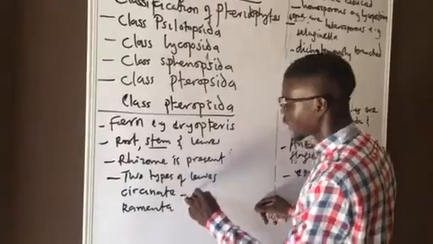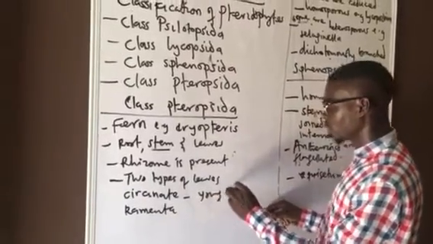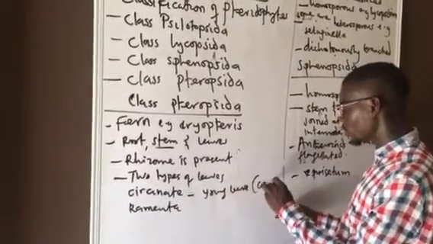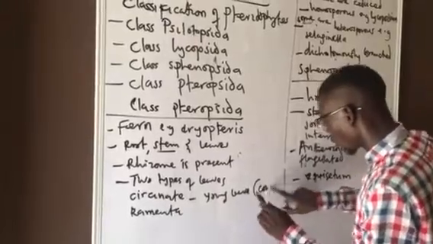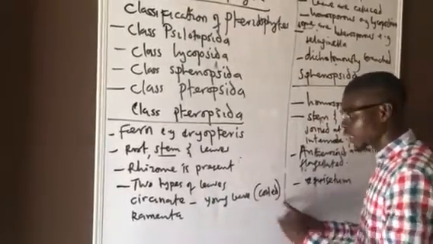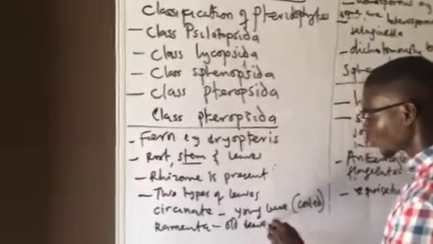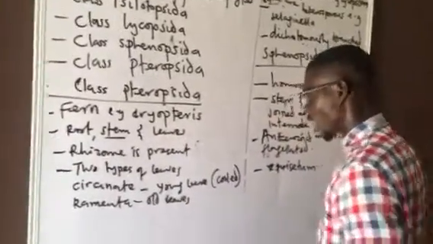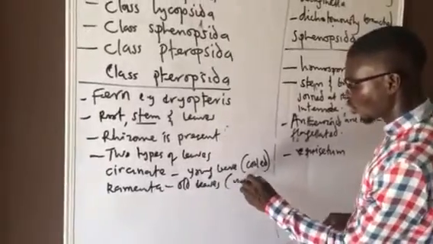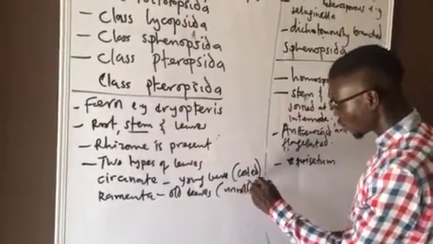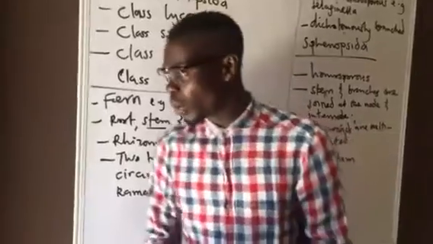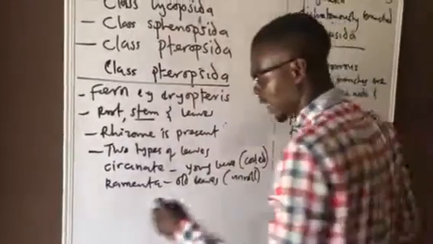When we talk about the circinate, that is the young leaf, which is coiled. But when we talk about the ramenta, that is the old leaf, consisting of brownish structures. This one has already unrolled as it ages.